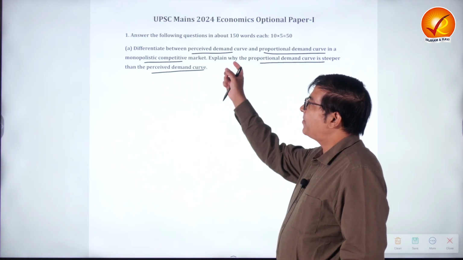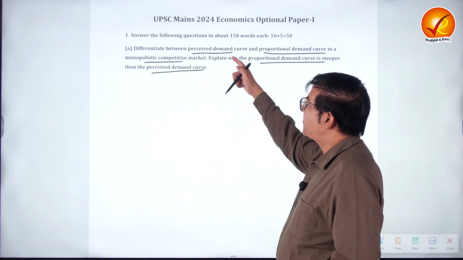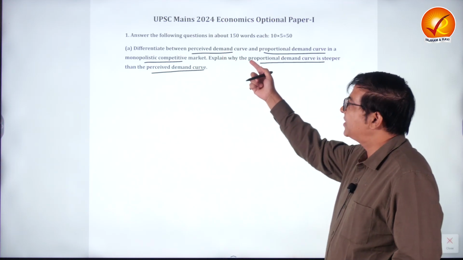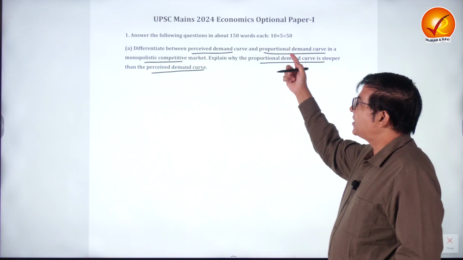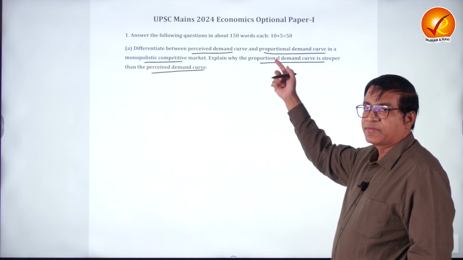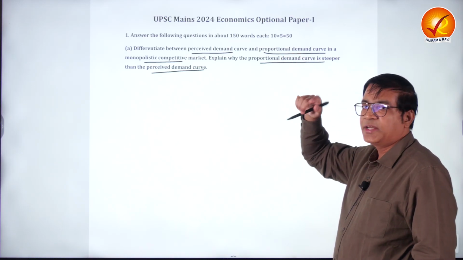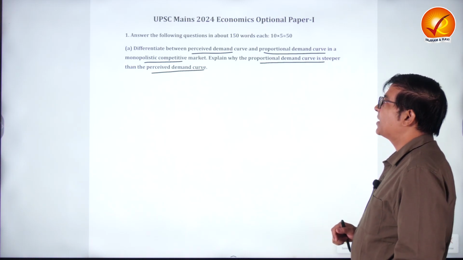In monopolistic competition, we often talk of two types of demand curves: the perceived or planned demand curve, and the proportional or market share demand curve. It denotes the market share of a particular company.